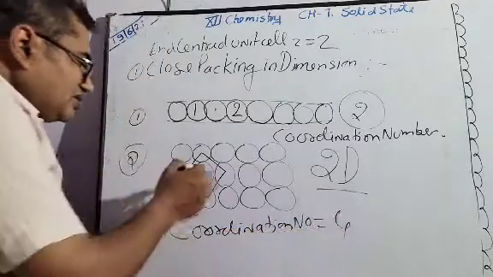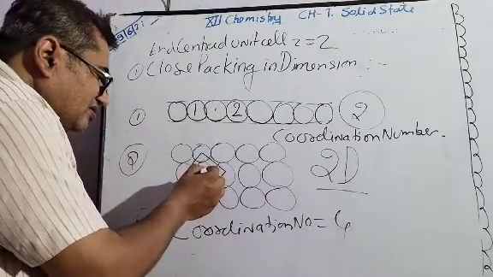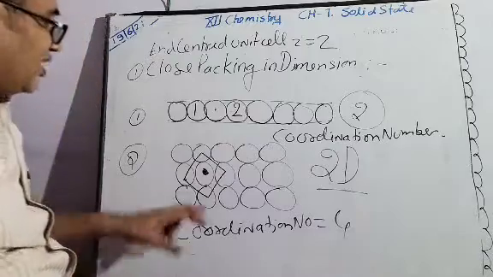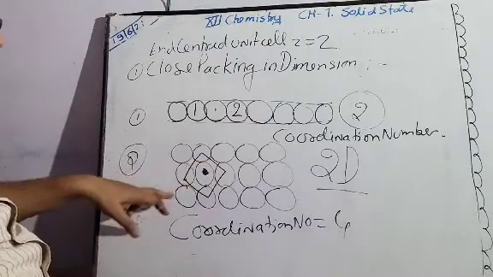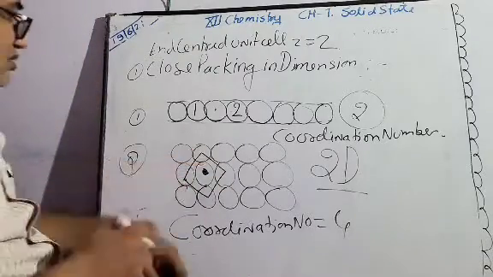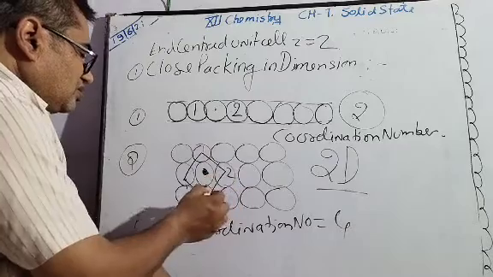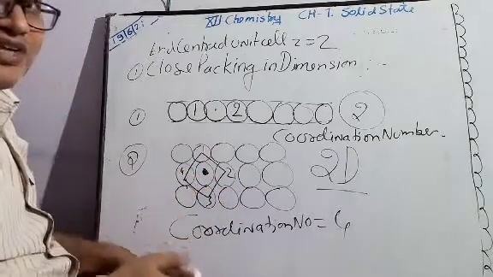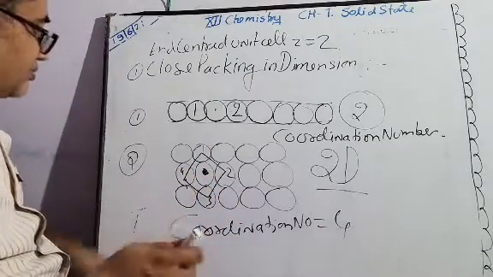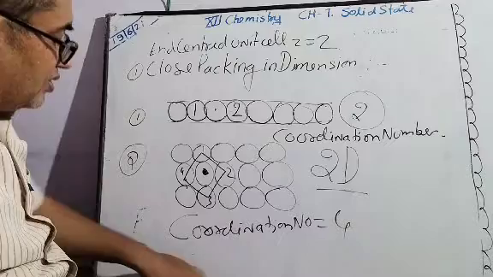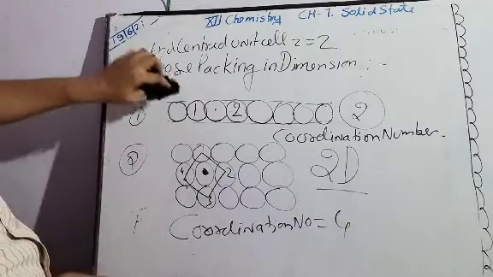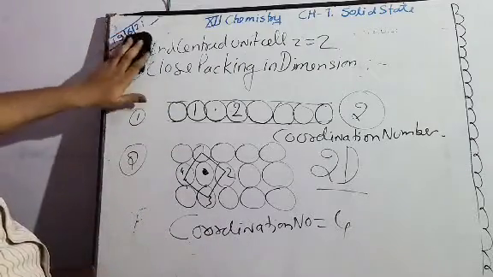Why? Because around this central atom we are observing 1, 2, 3, 4 neighboring atoms. That's why the coordination number of square close packing is 4.